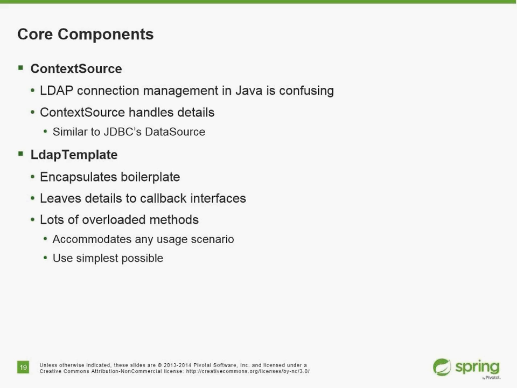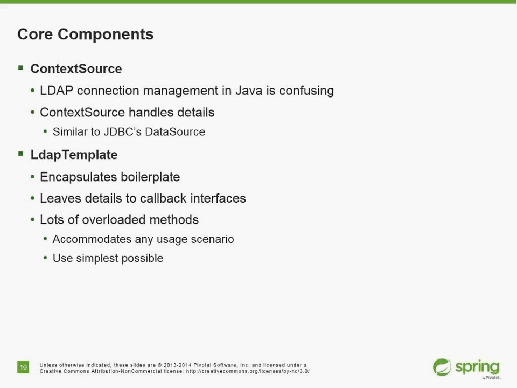So the context source is created, and then you supply that to the LDAP template, which is where all the magic happens, basically. It encapsulates all the boilerplate, exactly like a JDBC template. It leaves the details to the callback interfaces that you supply. And there are lots and lots of overloaded methods in there.